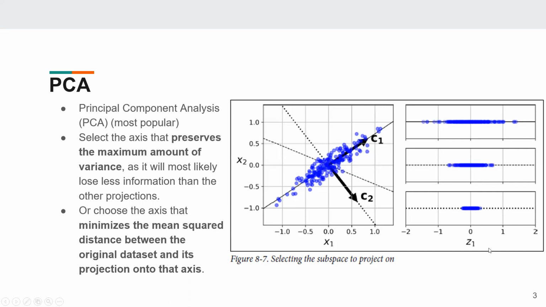The question becomes, which axis do I want to project onto? The method you need to use is to select the axis that preserves the maximum amount of variance, as it will most likely lose less information than the other projections.